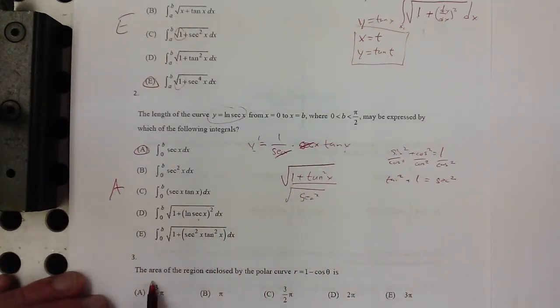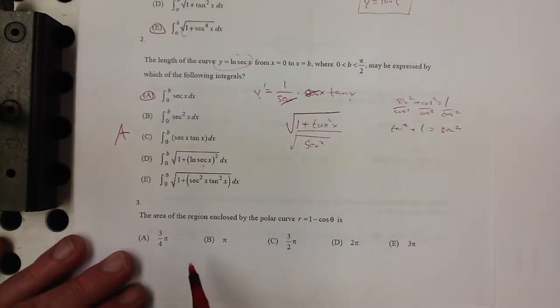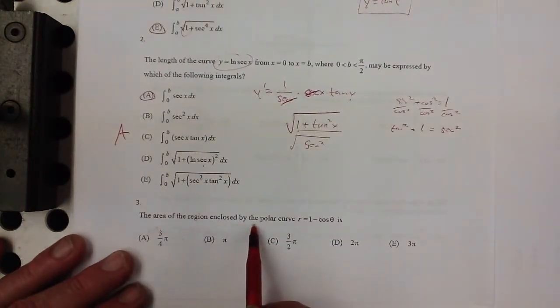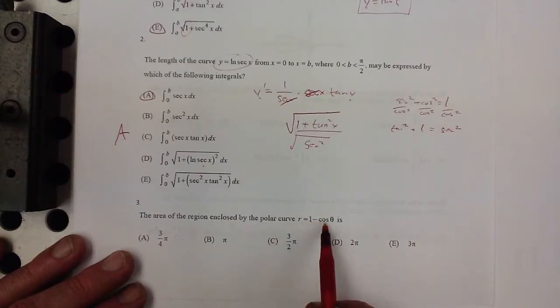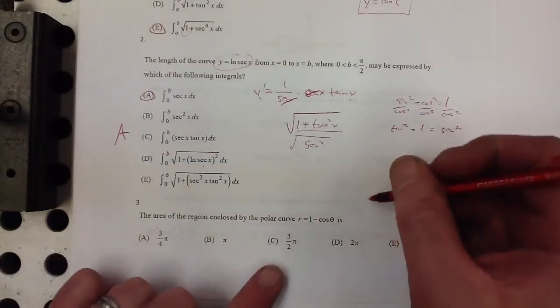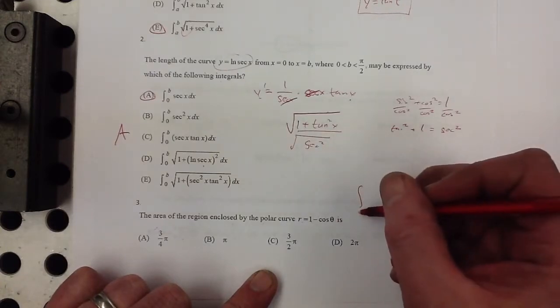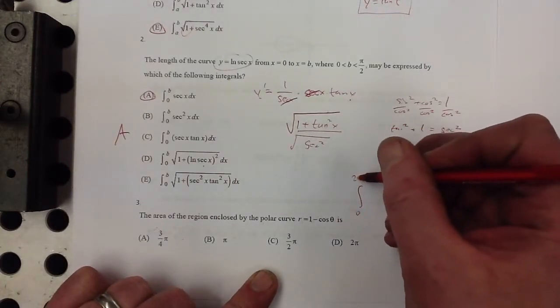All right. Number 3. Now this looks like something you actually have notes for. The area of the region enclosed by the polar curve r equals 1 minus cosine theta is which one of these? So let's see if we can do that. We have the integral from 0 to 2 pi.